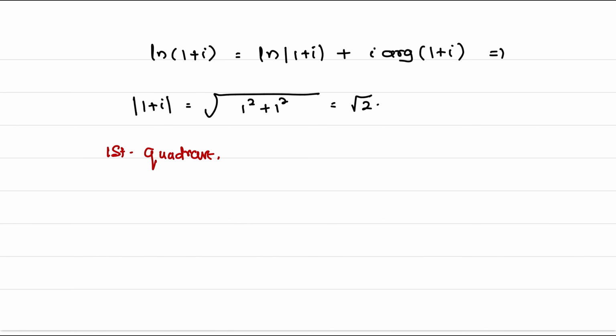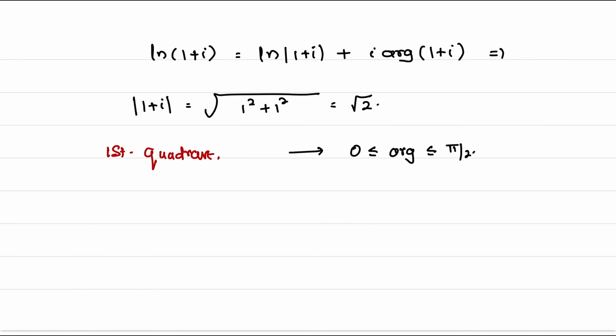That means the argument I am taking is from 0 to pi by 2, that is the first quadrant. For other values, please do it on your own. I will give it as homework at the end. I will explain the procedure.